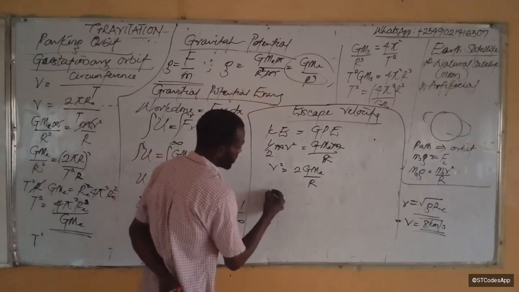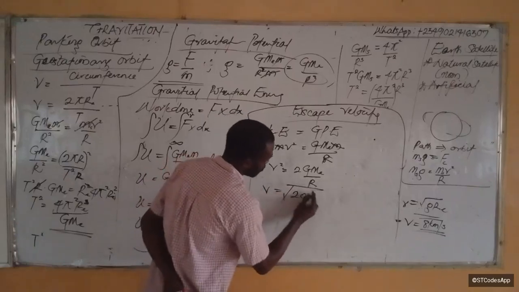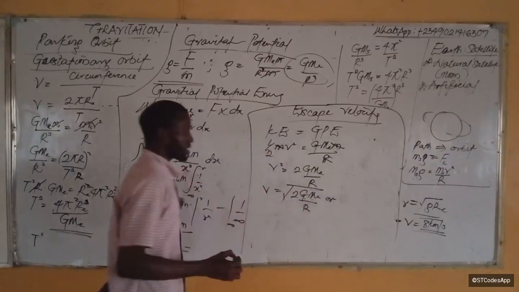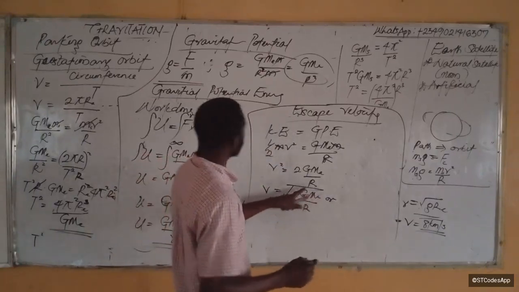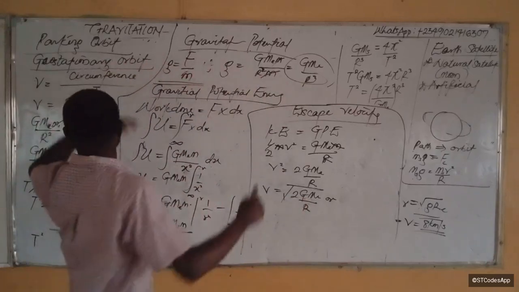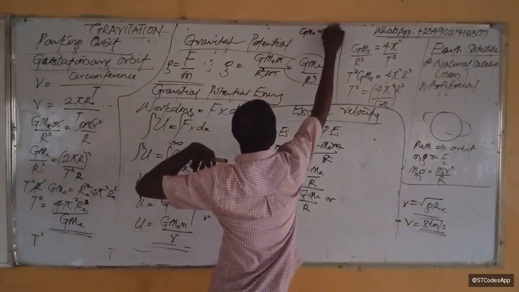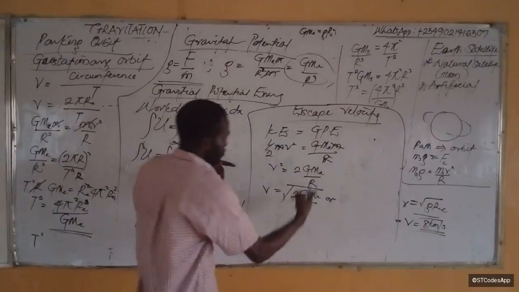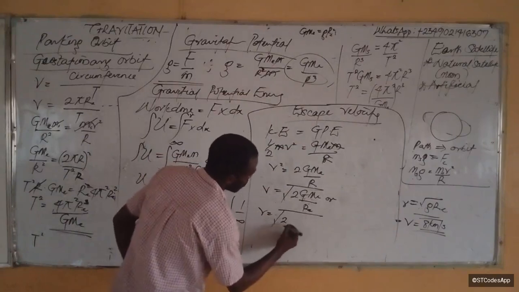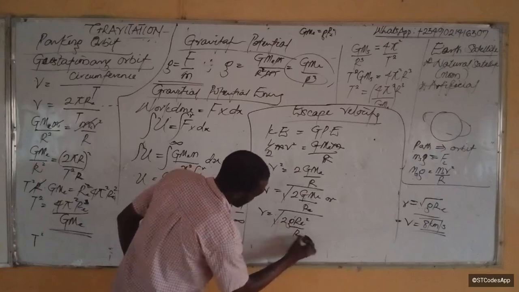So v will be equal to the square root of 2GME over R. Now you remember again that GME is what? We did GME equals gRE squared. You remember that? So I can bring that in here, so that v will be equal to the square root of 2gRE squared over R, right?